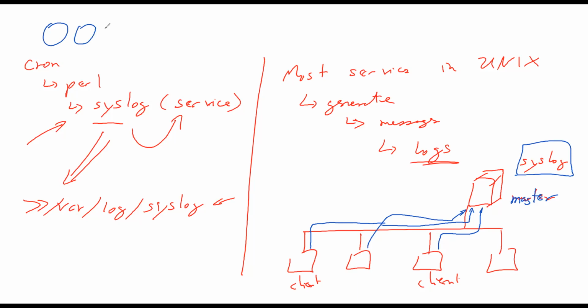Let's say DNS is running, and Apache is running. These services are running. Then you've got both the built-in applications, but also scripts like Perl, Bash, Python. They communicate with the syslog service, and they write data onto the logs, like syslog, which are text files.